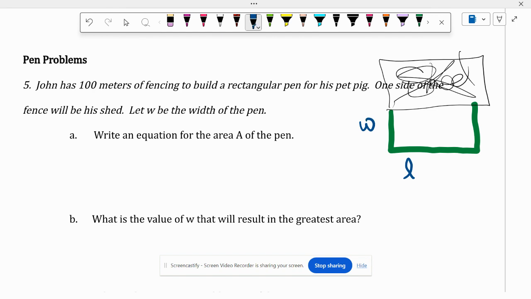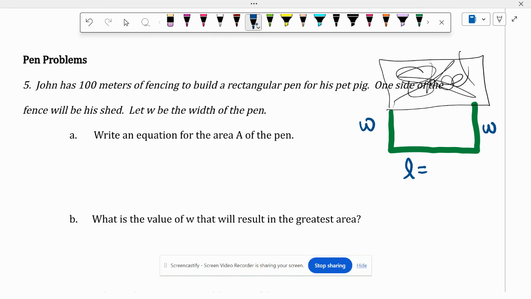Well, if this is the width, what is this? The width. So how much fencing do I have altogether? I have 100 meters of fencing. How could I represent the length, knowing that I have a total of 100 meters of fence?